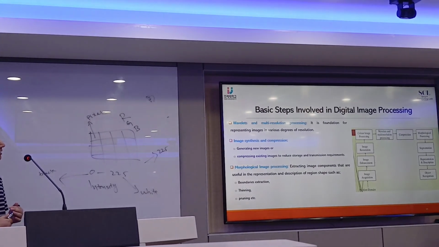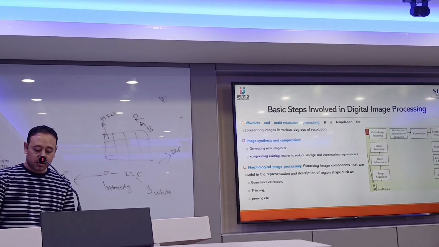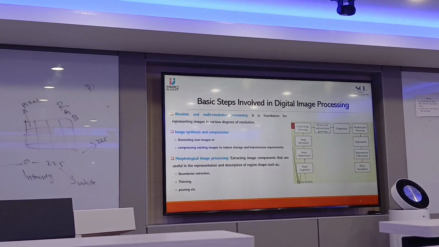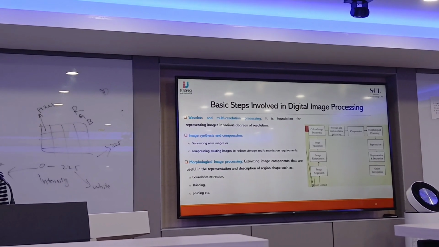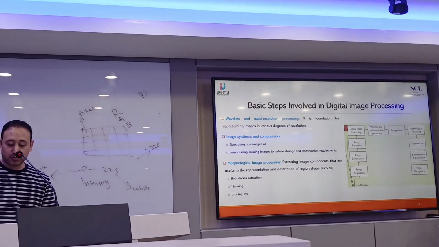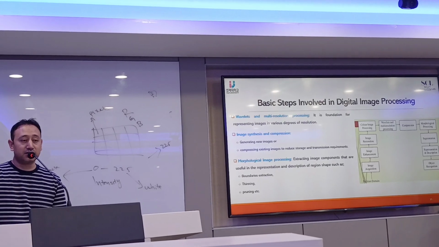And image synthesis and compression. In image synthesis, we generate new images from the previous images. For example, from the original image, we use different kinds of algorithms, for example, GAN. This is one of the popular algorithms used for generating synthetic data.